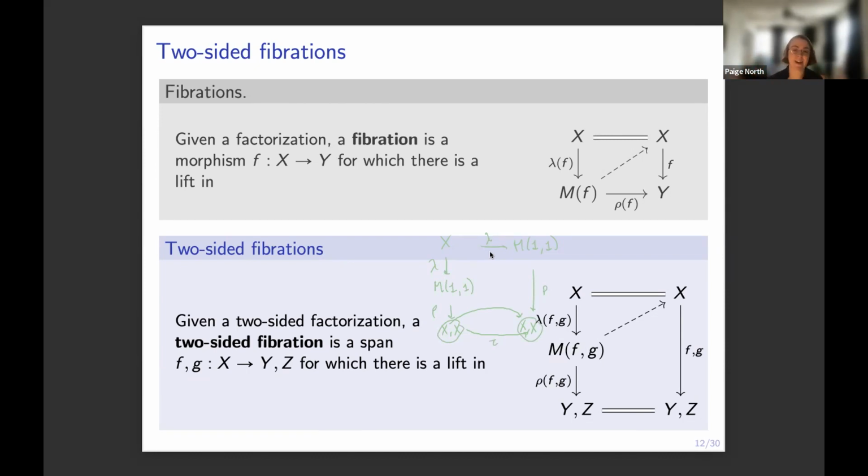I can't send the first one to the second one and the second one to the first one. So I put in an obstruction that doesn't allow me to derive an involution on the path space.